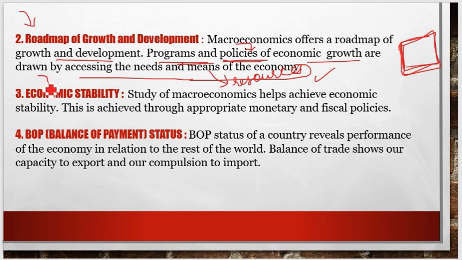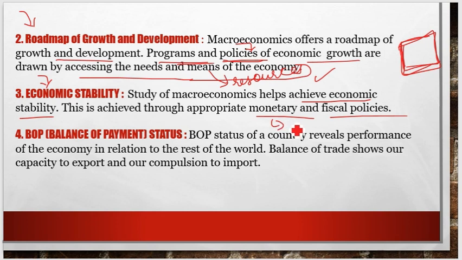So the next point is economic stability. The study of macroeconomics helps to achieve economic stability. How does it help us to achieve economic stability? Through its monetary and fiscal policies. Now what are monetary and fiscal policies? This also you will be understanding under macroeconomics. Let me give you a brief description here.